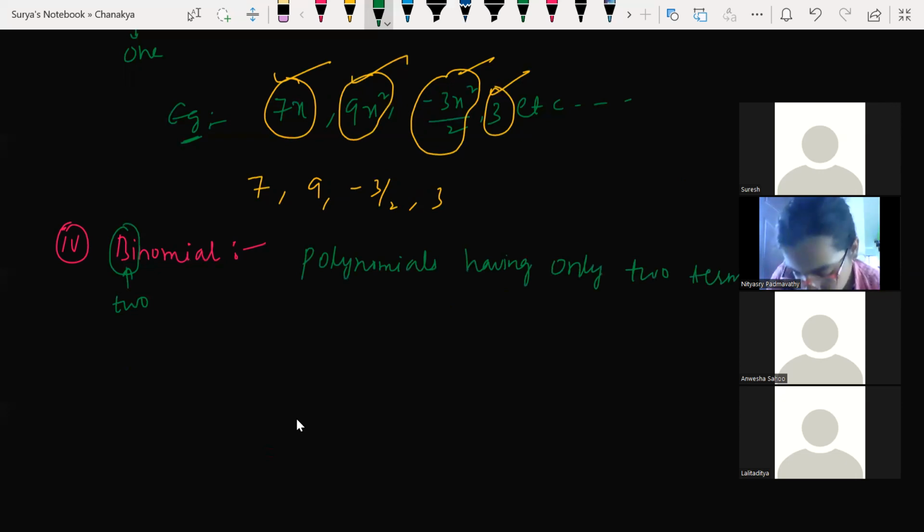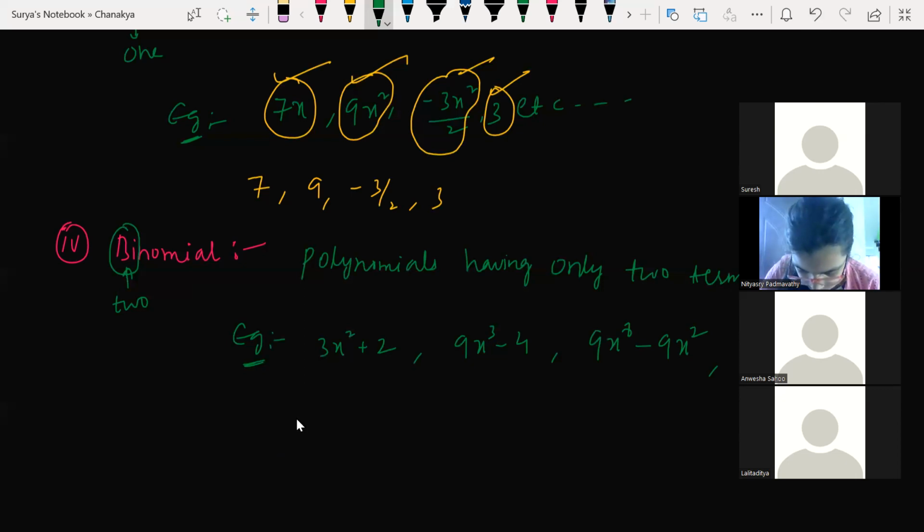Okay. Basically, you write an example. Let's say 3x square plus 2, 9x cube minus 4. Anything you write, 9x to the power of 8 minus 9x square. Okay, anything you write.